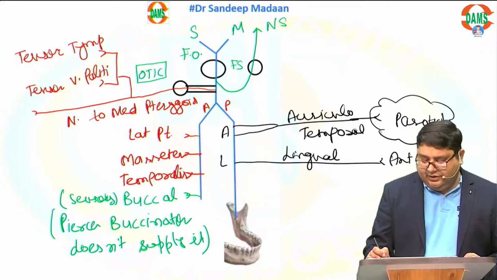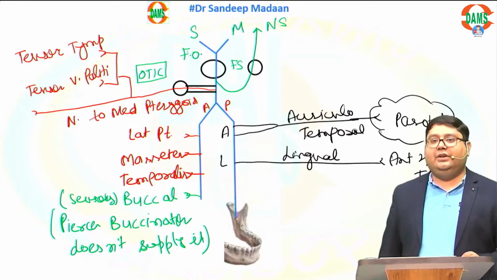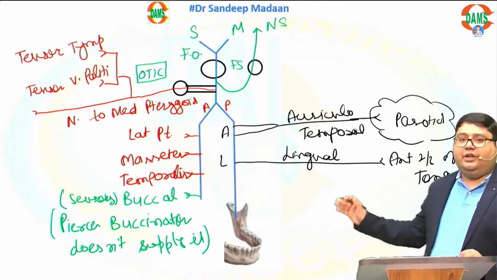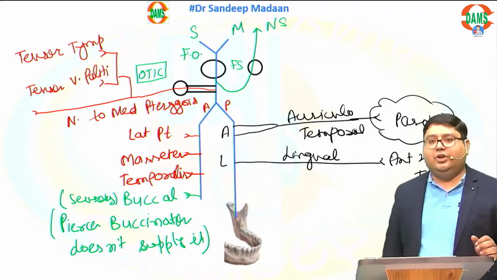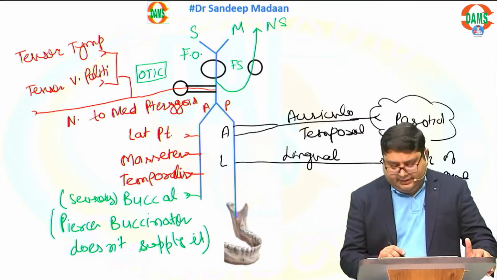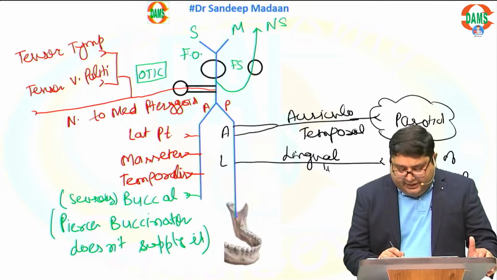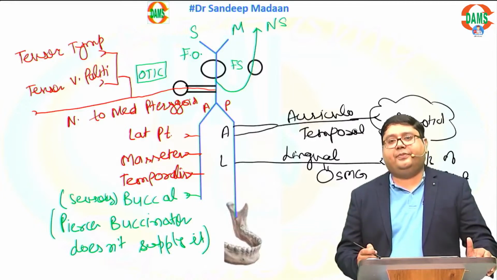Now, which sensation of anterior 2/3 of tongue will be carried by the lingual nerve? General sensation or the taste sensation? And also we need to understand the lingual nerve will be holding one ganglion named as submandibular ganglion.